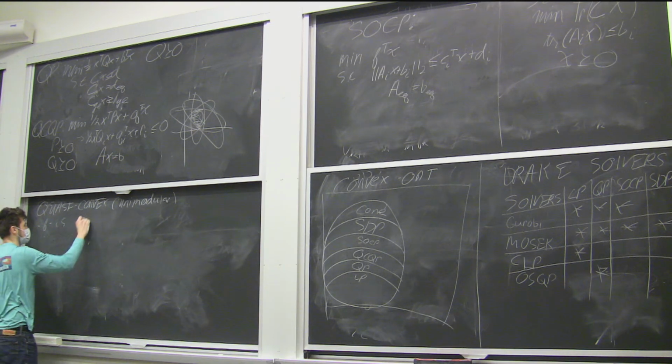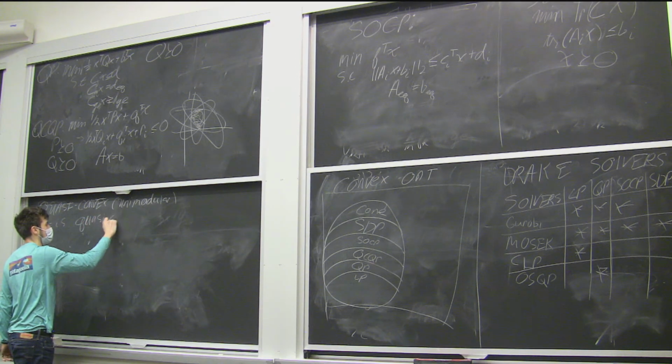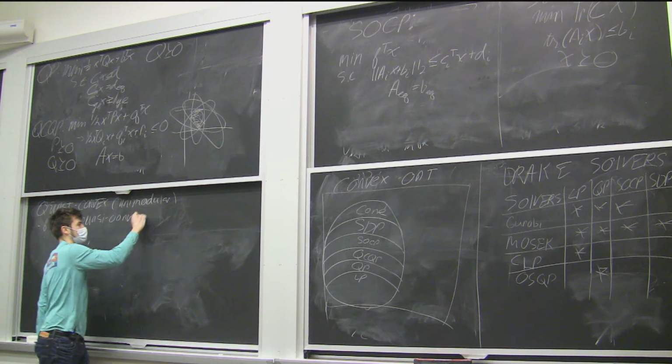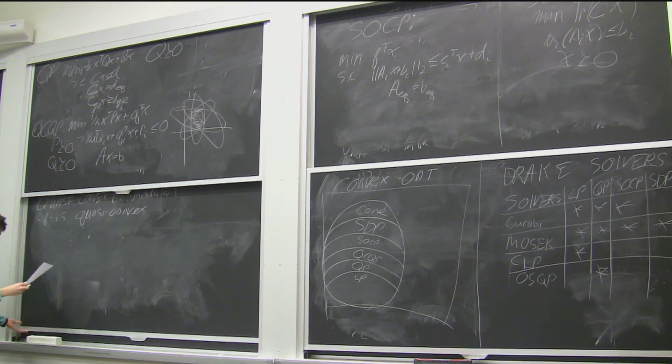So F is quasi-convex. Actually, before I start that, are there any questions before I keep going? Got about 10 minutes. Okay, so F is a quasi-convex function if you can prove one of the following.